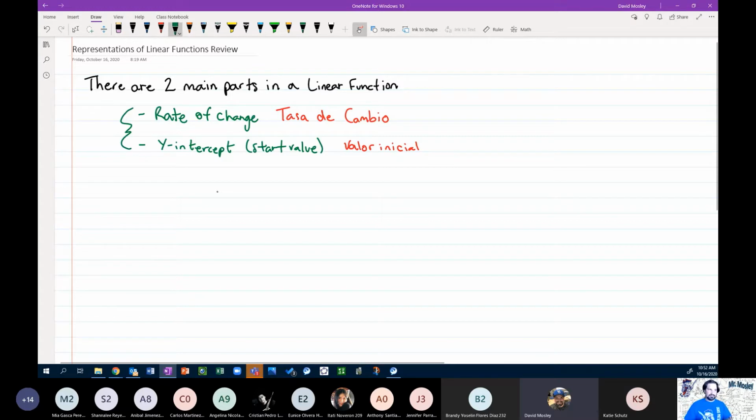So now we can represent our functions in different ways. The first one we're going to look at is with a rule, la regla. We have two types of rules. First, we have the symbolic rule, and the only type of symbolic rule we're using is called slope-intercept form.